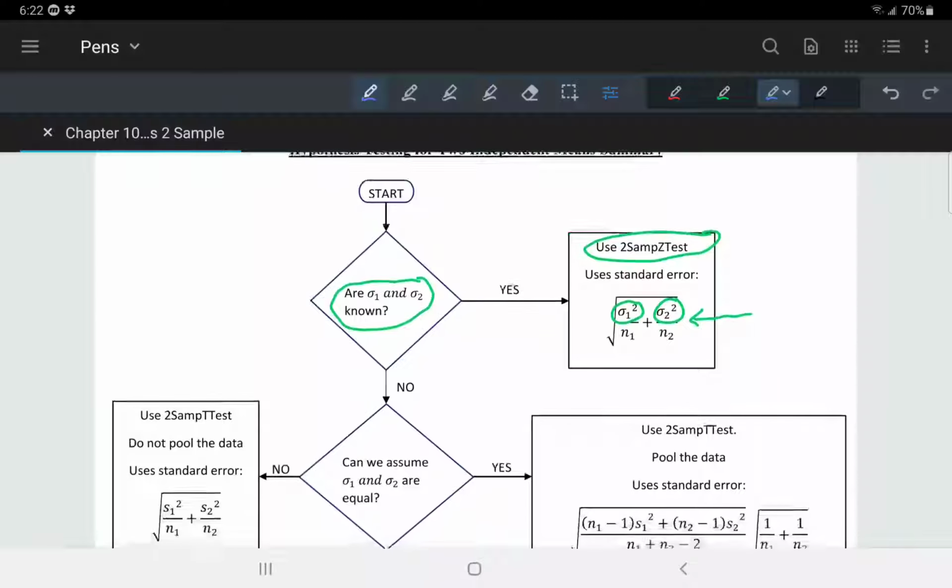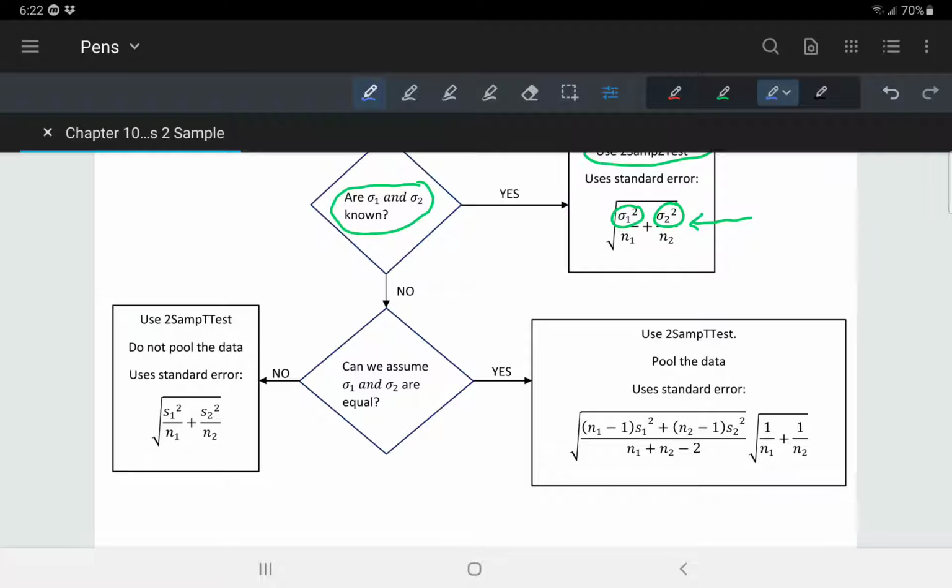After that, we'll ask ourselves, can we assume that sigma 1 and sigma 2 are equal? That is, can we make the assumption about the population proportion or population parameter?